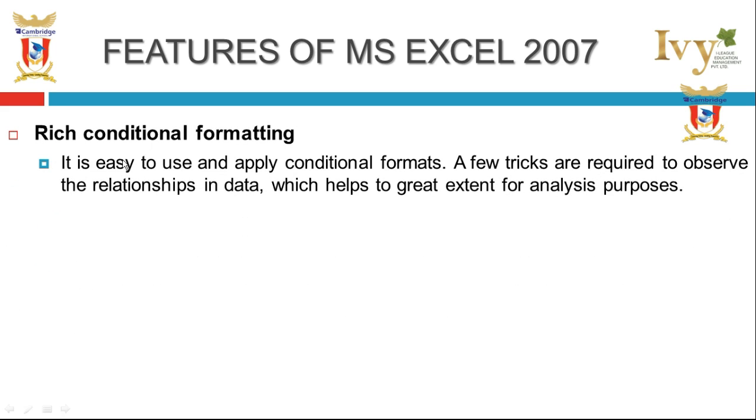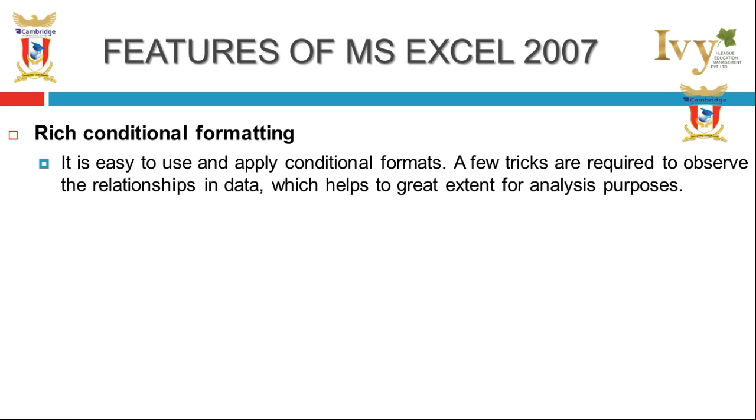The next is rich conditional formatting. It is easy to apply conditional formatting. A few tricks are required to observe the relationship in data, which helps to a great extent for analysis. So what is conditional formatting?